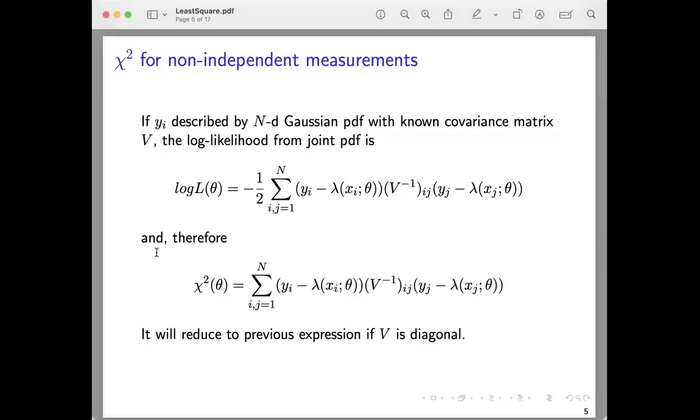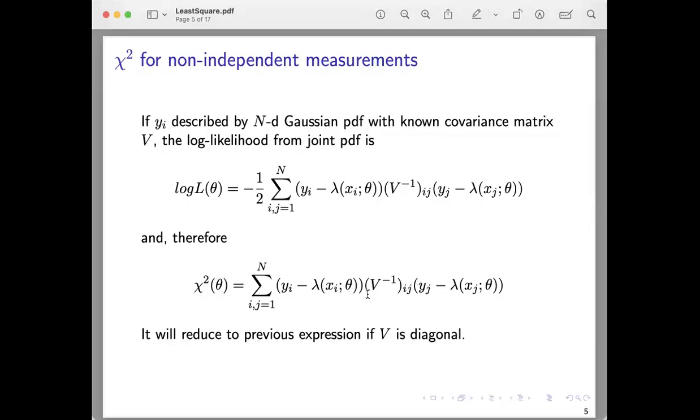Then you can define the chi-square as simply removing this minus half factor, so that you can minimize the chi-square to get the corresponding estimate for theta.